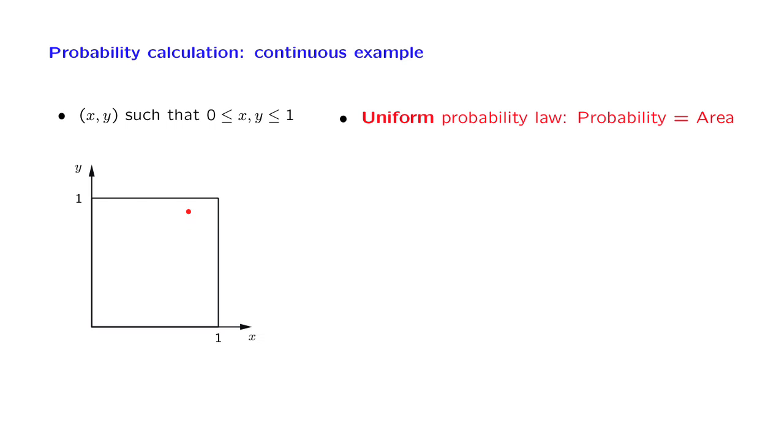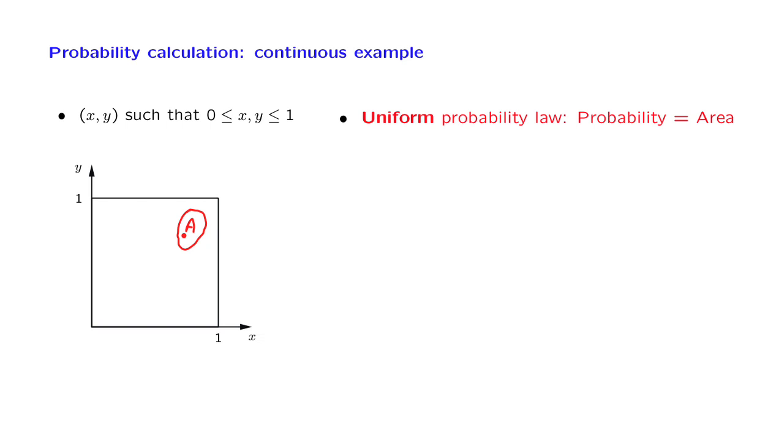So if we have some subset lying somewhere here and we ask what is the probability that we fall into that subset, the probability is exactly the area of that particular subset. Once more, this is an arbitrary choice of a probability law. There's nothing in our assumption so far that would force us to make this particular choice, and we just use it for the purposes of this example.